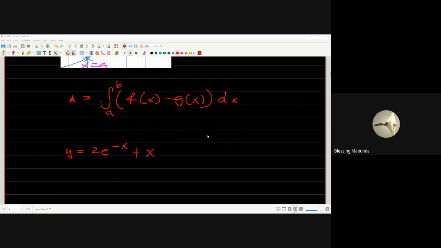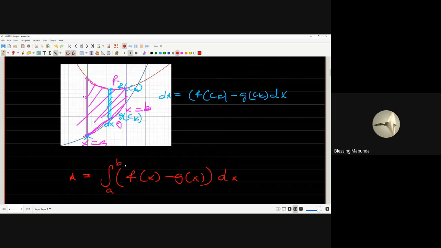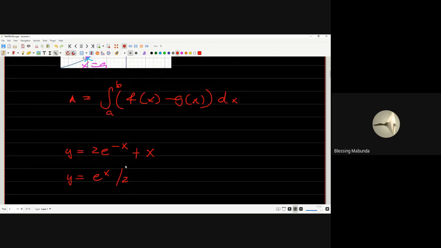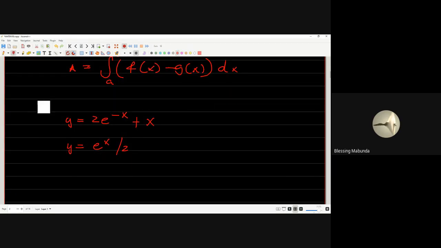And we also have y is equal to e to the x divided by 2. So what you want to do here is to compare the function values for these two curves.